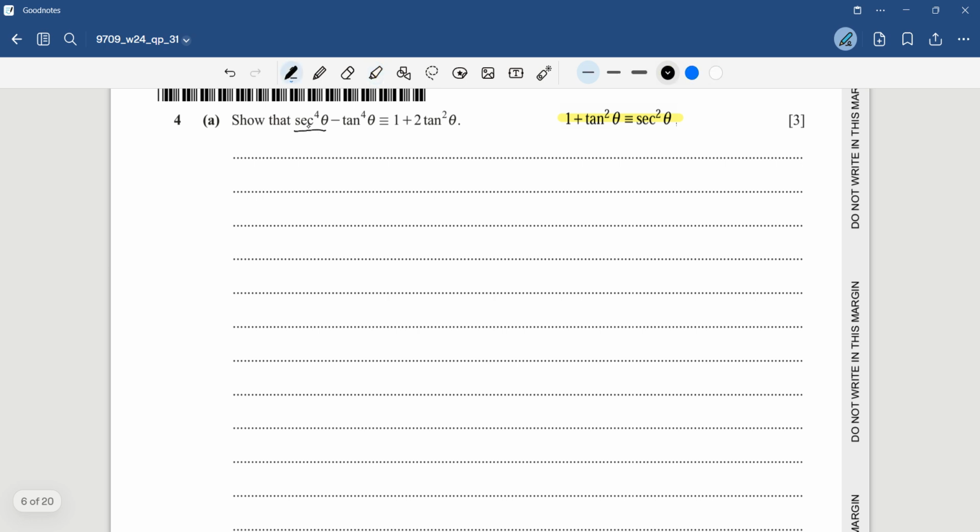Here, secant power of 4, I also can rewrite as secant square theta power of 2 minus tangent power of 4 theta.